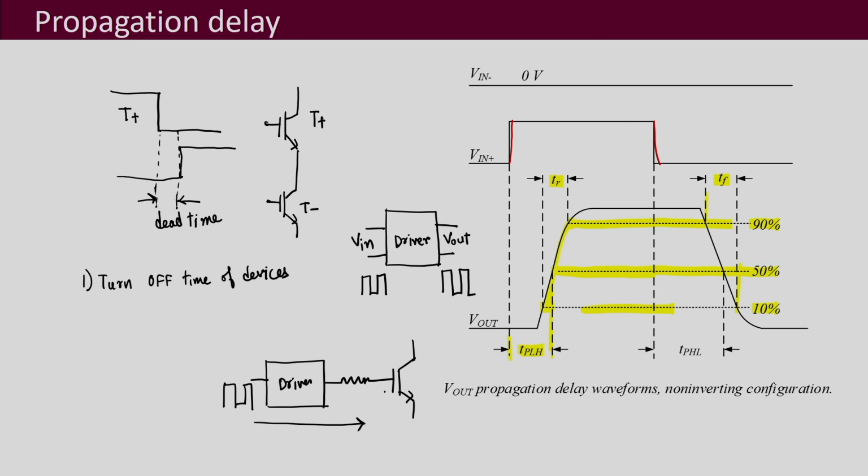Although your turn off times may be smaller, if you have chosen a driver where the propagation delay is very high and you have decided your dead time based on the turn off times of the devices, that dead time will not be suitable, it will create problems, because turn off may be happening faster, but the gate pulse will not reach until the driver is able to transfer that signal to the output.